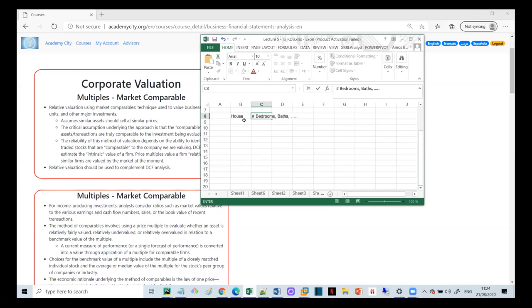Now that I know the attributes of the asset I'm interested in, I ask the agent, could you please put out several houses, let's say house A, B, C, and D, like I have 4 of them. Then I ask him, could you please tell me how much those houses were sold for? So he said this one was sold, let's say, for $300,000.